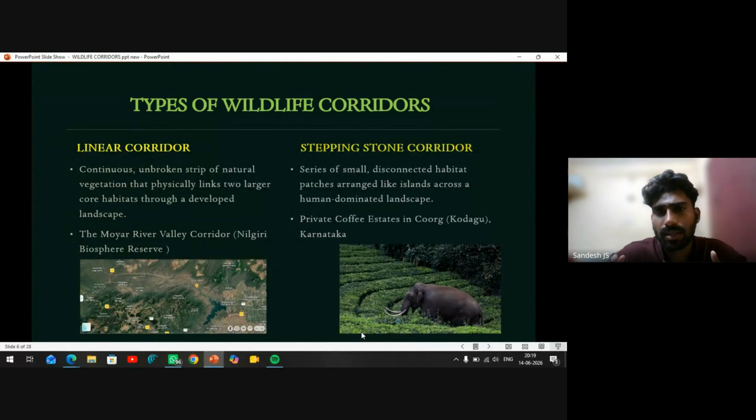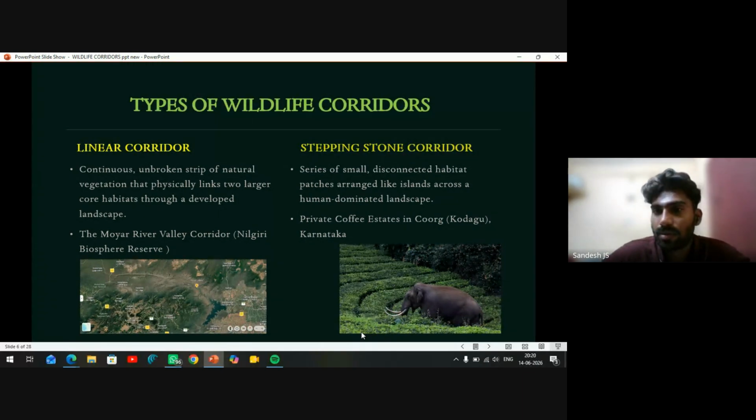A developed landscape can be a river, mountain, hill, anything. So it's a continuous pathway. Most of the elephants and tigers use this pathway for their migration. The example is the Moyar River Valley corridor, which is in the Nilgiri Biosphere Reserve.